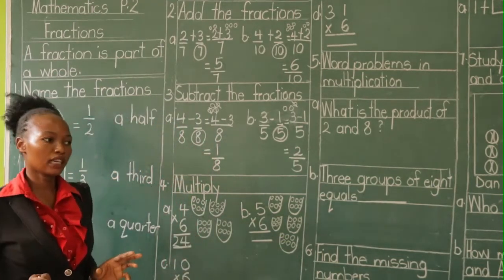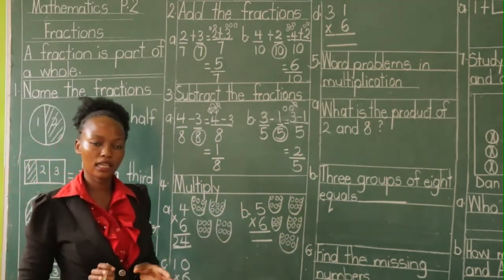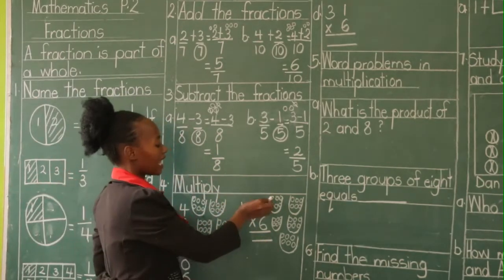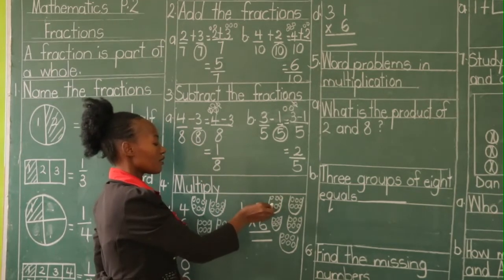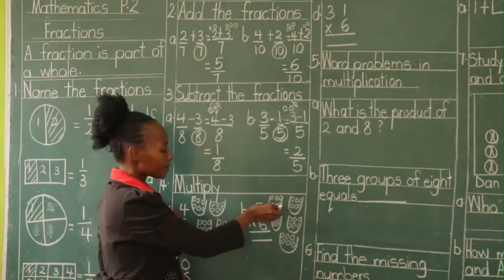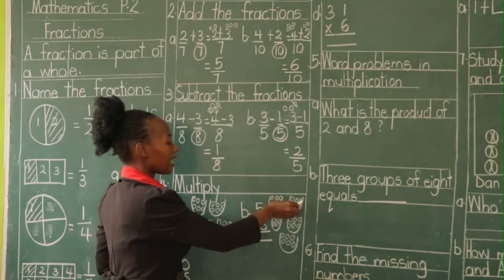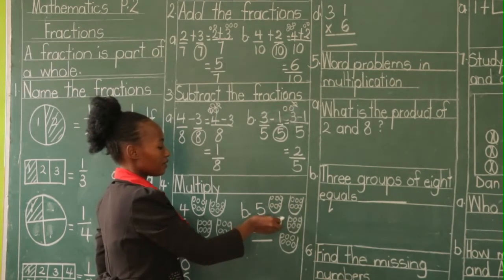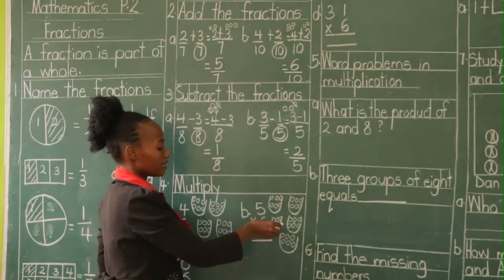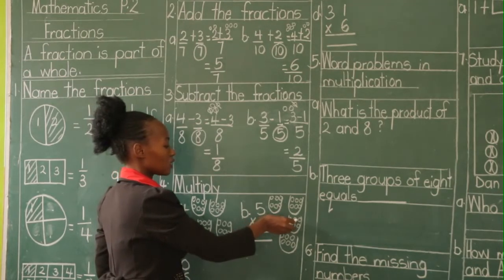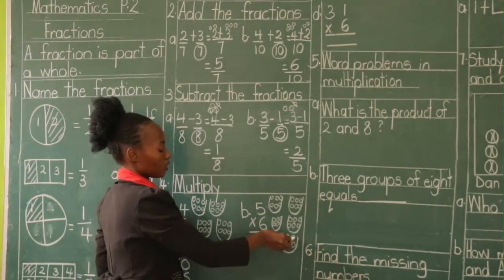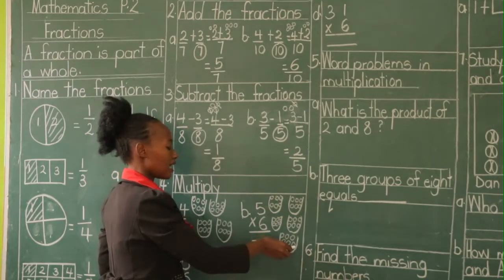After, we are going to put them together. Let's count these items together. 1, 2, 3, up to 30.